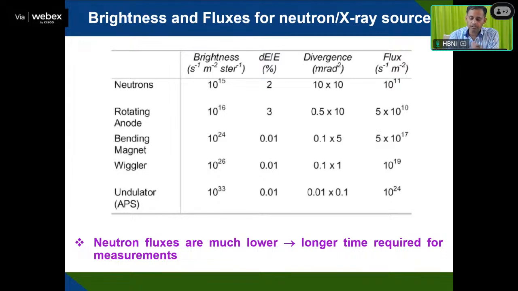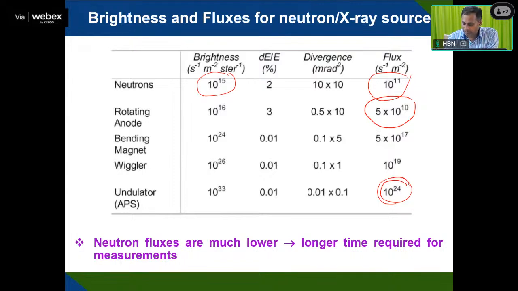If you compare neutrons with X-rays, the neutron brightness is 10 to the power 15, or in flux the order of 10 to the power 11. But in the case of X-rays, it is of the order of 10 to the power 10. And if you go to X-rays generated by a wiggler or undulator in a synchrotron, the flux of the X-ray is quite high.